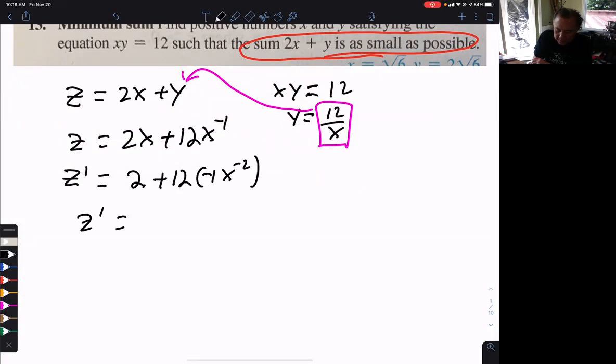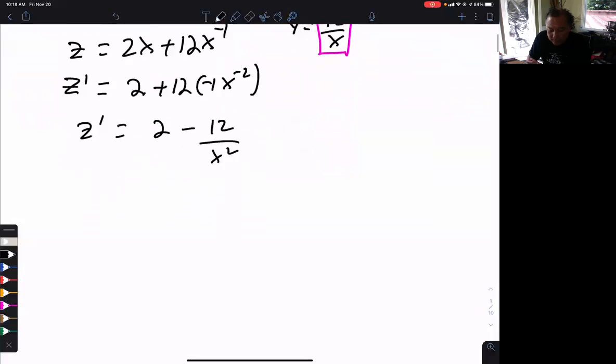So now I have the derivative is 2 minus 12 over x squared. Well, I don't like that. I could actually solve at this point, but let's get a common denominator. So I multiply this by 1, and now I have z prime is 2x squared minus 12 over x squared.